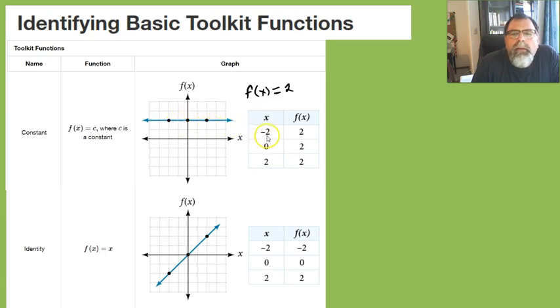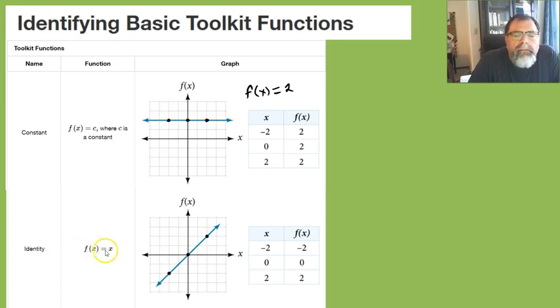So if I put in x is -2, y is 2, plot it. -2, 2; 0, 2; 2, 2; 3, 2; 4, 2, and then you can draw the line, and it's a horizontal line. So this is a constant function, the graph's a horizontal line. The next function we should know is what we call the identity function, because your input value and your output value are the same.